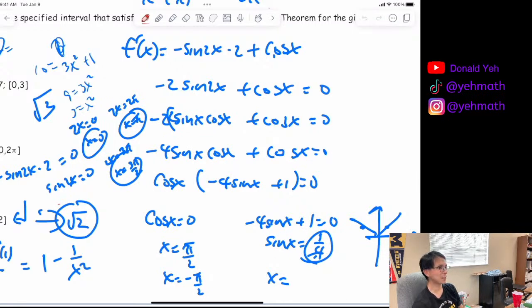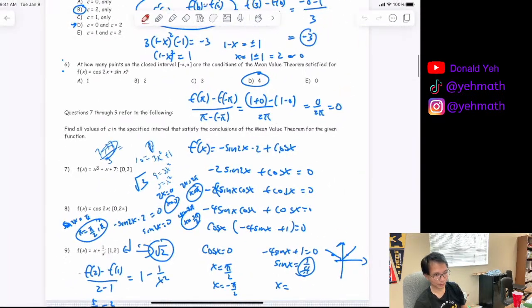I would say probably less than 45 degrees, probably less than 30 degrees, something like 15 or 16 degrees. Then on the other side, it's like 164 degrees. That's going to be another one. So there are 2 answers for that 1/4, so there are a total of 4. Now you have to understand a little bit of pre-calculus for that.